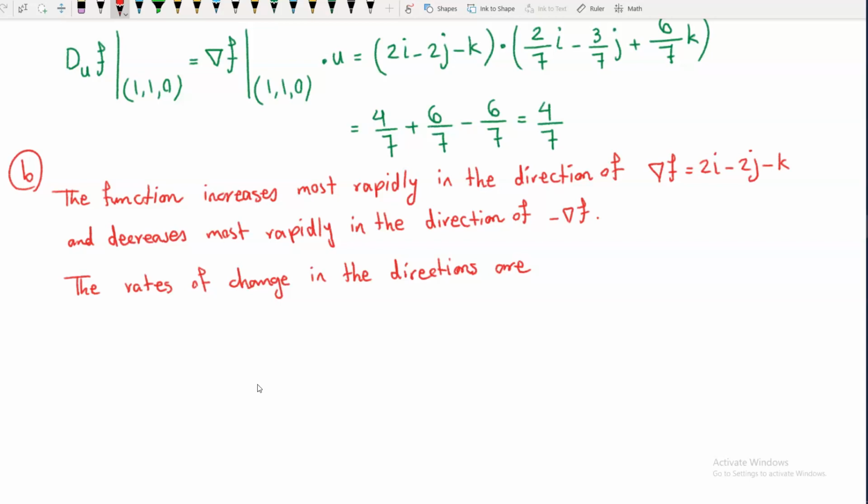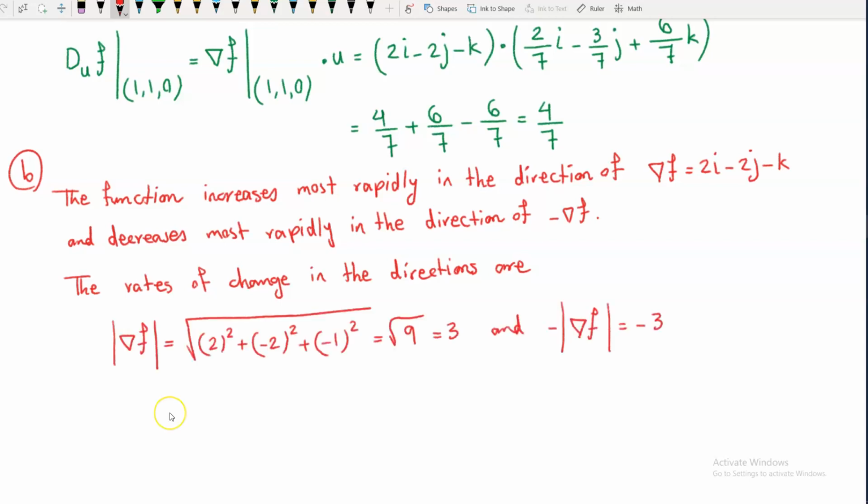So the rates of change in these directions are length of gradient of f, it is equal to square root of, based on what we have here, 2 squared plus negative 2 squared plus negative 1 squared, so this is square root of 9, and this is equal to 3, and negative length of gradient of f, it is equal to negative 3.